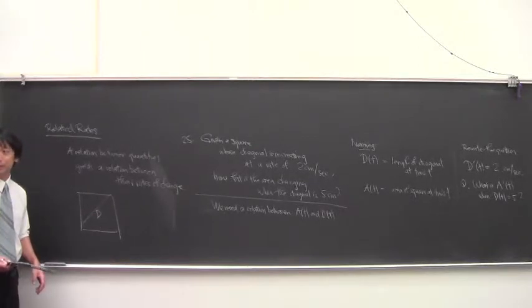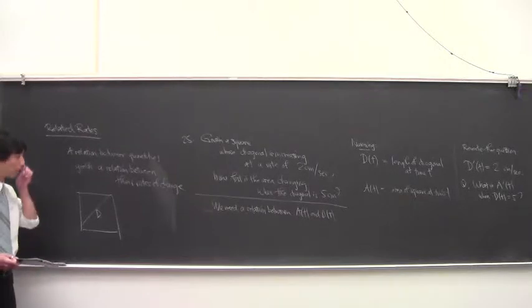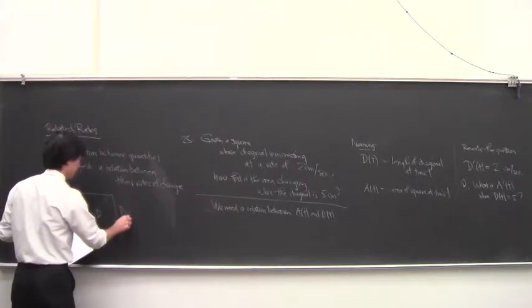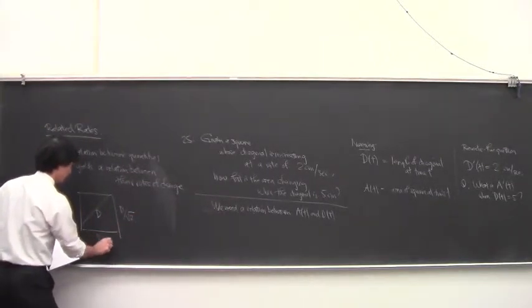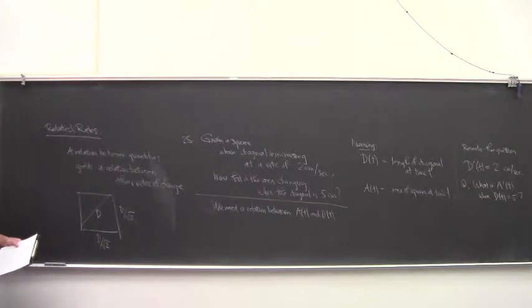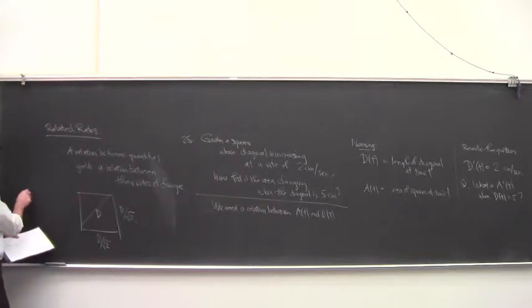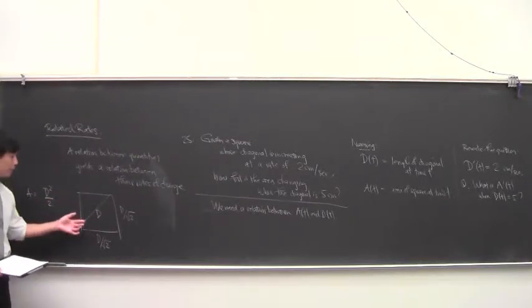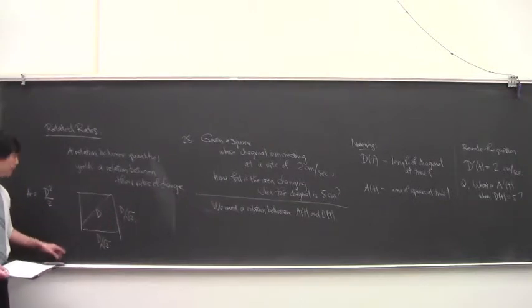If we call one of the sides of the square d over root 2, then the area is going to be d squared over 2. You just use the Pythagorean theorem, and that gives it to you.